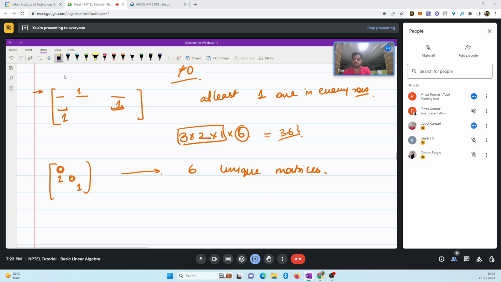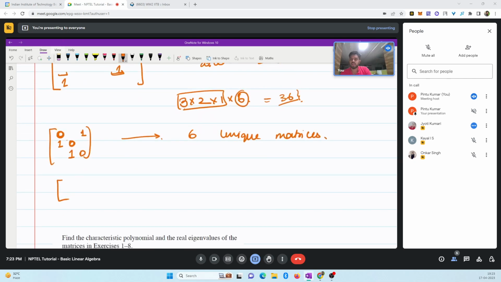Now I need a 1 over here also, and say a 1 here. Now if you have this kind of matrix, earlier what kind of matrix did we have? Earlier we had something of the form 1, 1, 1, and somewhere else we placed our 1. Now this matrix is completely different from the previous matrix. So now you have filled 6 places, right? How many are left? 3 places are left.